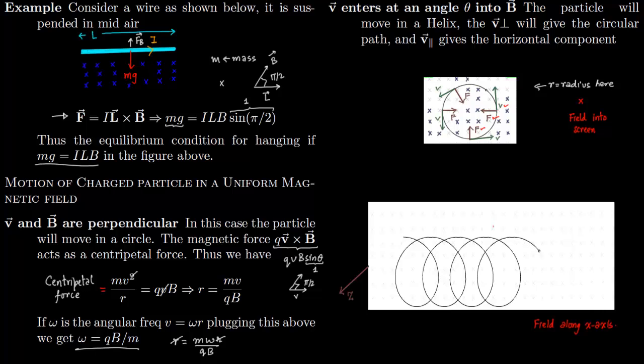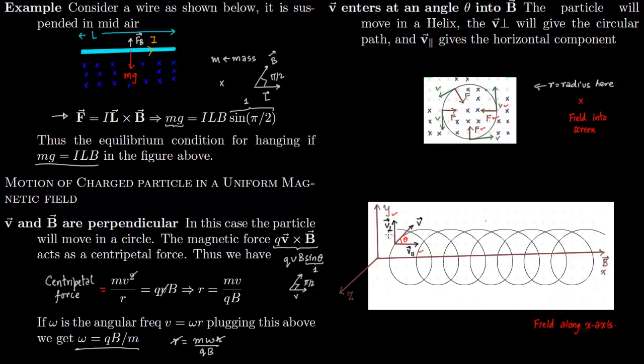You see the particle is moving in a helix. The particle enters the field at an angle theta, so it has two components: a perpendicular component and a parallel component.